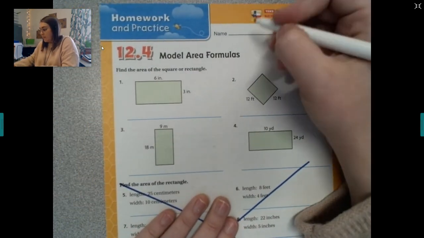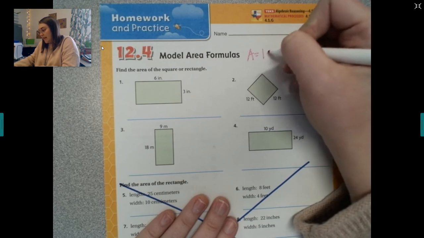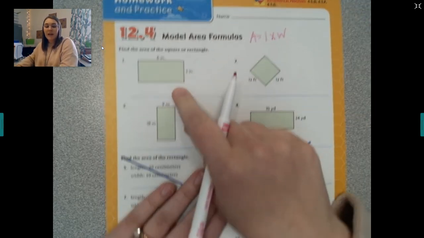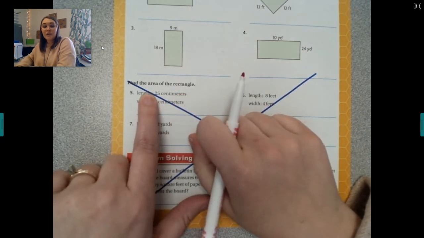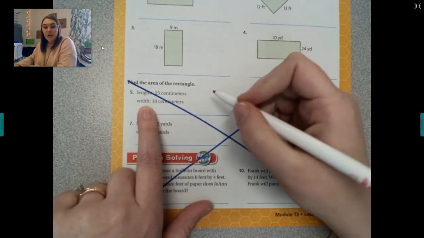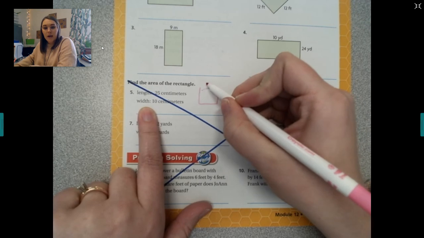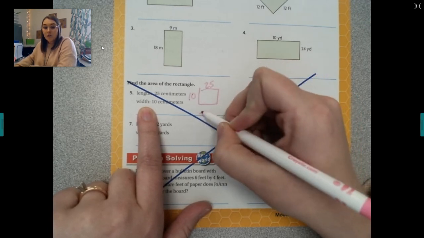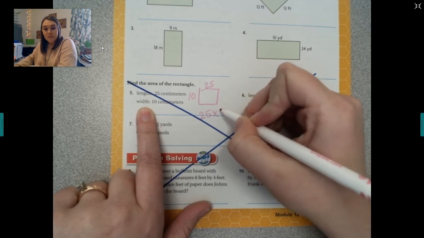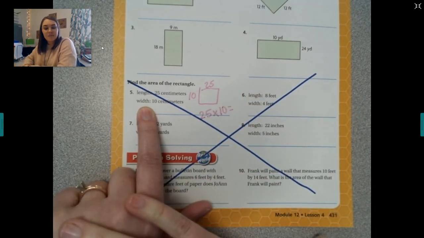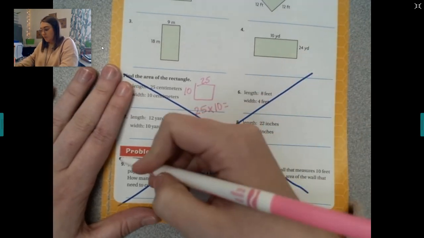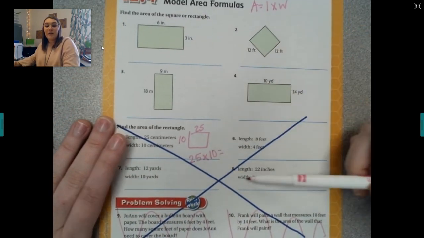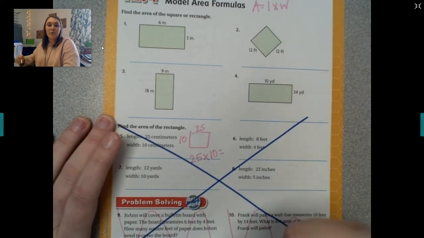So you should remember area equals length times the width. So you're going to multiply the length times the width, and you're going to get the area. Here it gives you the length and the width. So you can draw a square or a rectangle if you want to and put 25 and 10. Or you can just multiply length times width and get your answer. So that is all you're doing. You don't have to do number 9 and you don't have to do number 10, but you have to find the area for number 1 through 8.